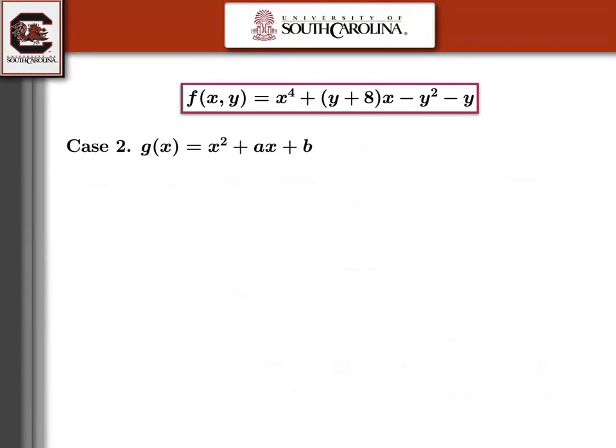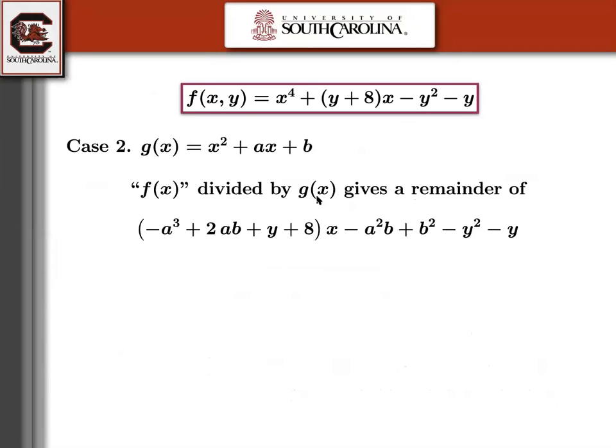For case 2, where I have a quadratic, what I'm going to do is think of this as like I'm plugging in a y naught here, so think of this as a polynomial in just x, and divide it by g of x, and look at what the remainder is. So if you just do the formal division, just take g of x, divide it into here, this is what you'll get for your remainder.